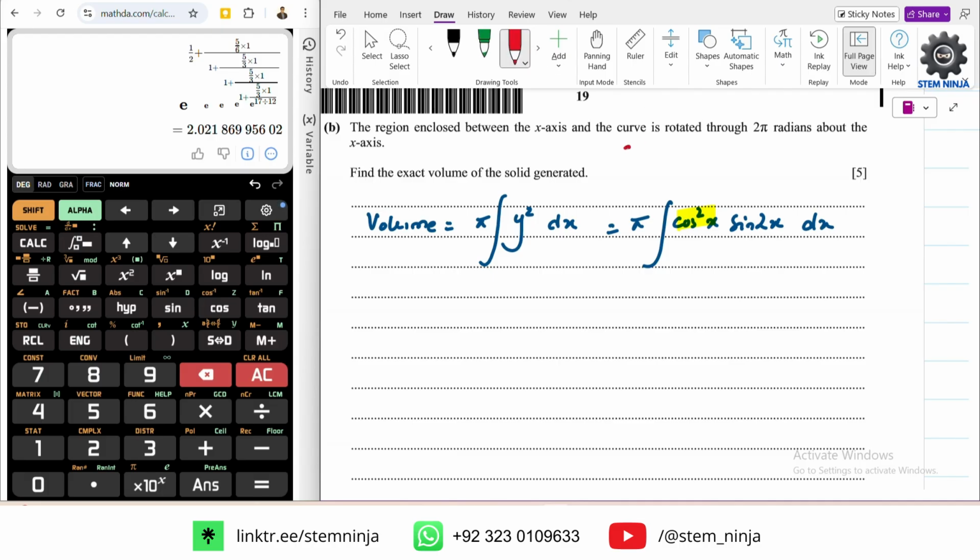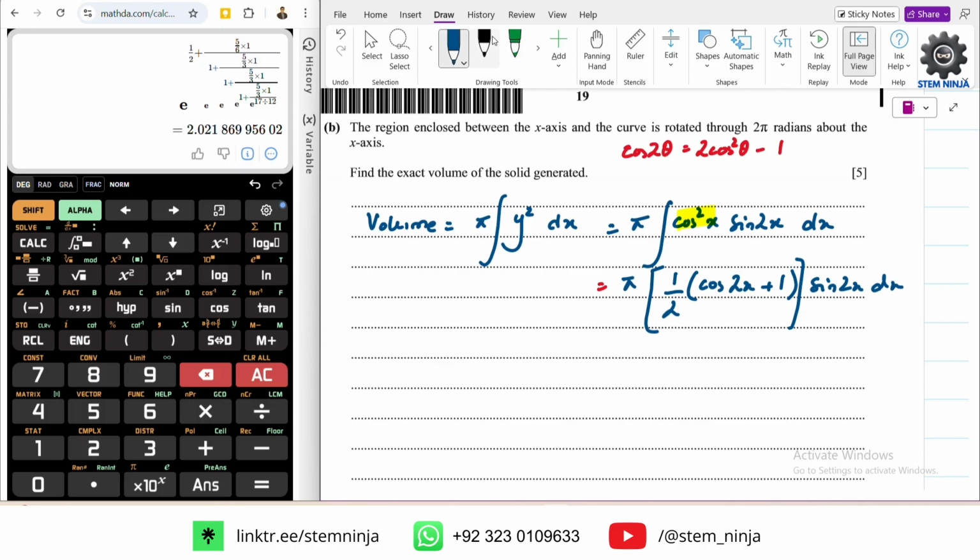So cos squared, if you recall this, you have 2 cos squared theta minus 1. So cos squared is basically, let's write over here, pi integral, this is going to be 1 over 2 cos 2x plus 1 times sine 2x dx, from 0 to pi by 2.